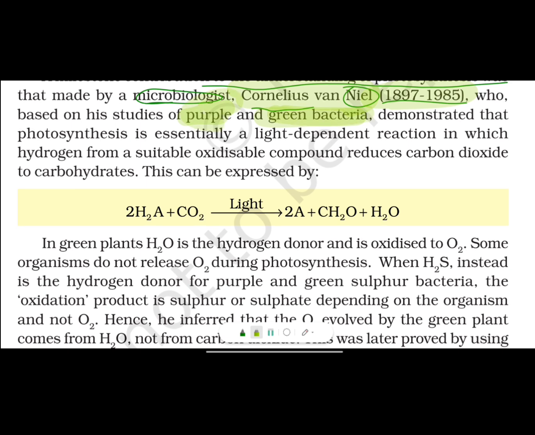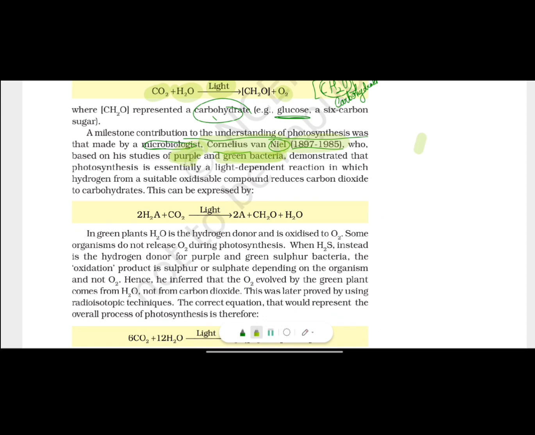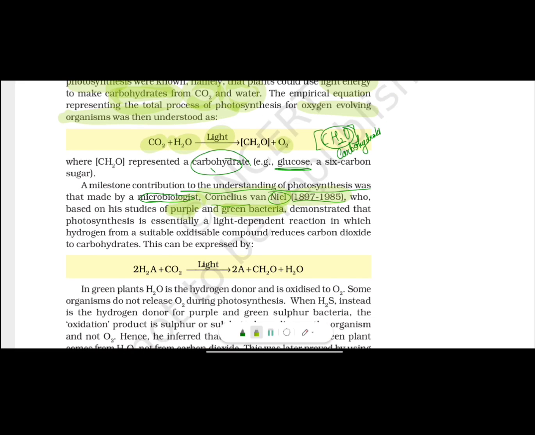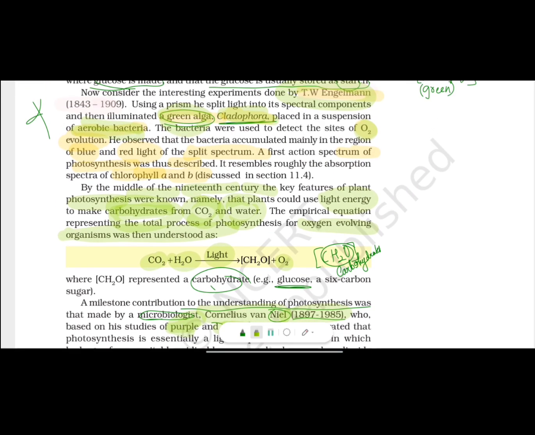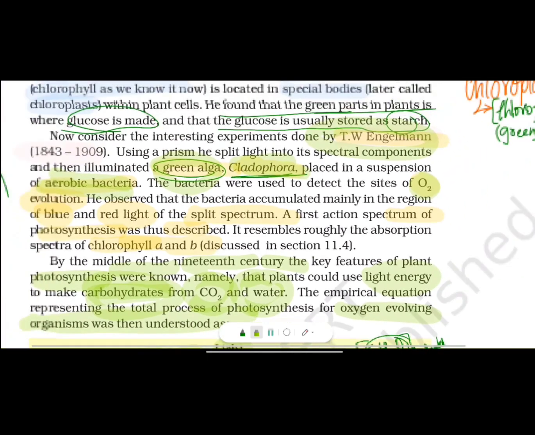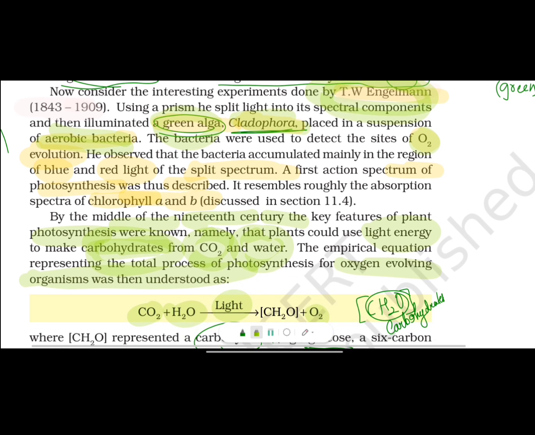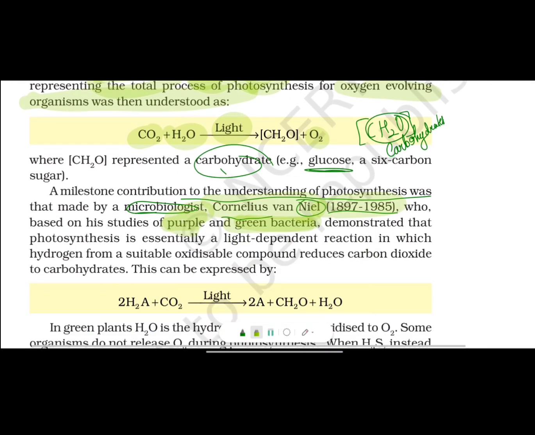And what algae did we use in the above process? We used green algae, to detect the O2 in the blue and red light region.